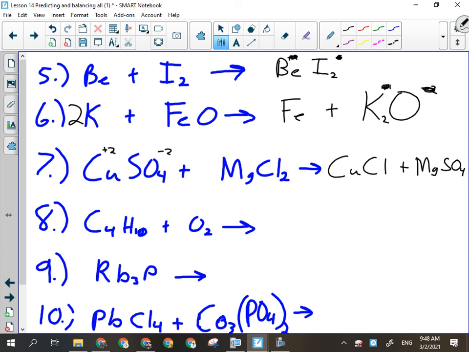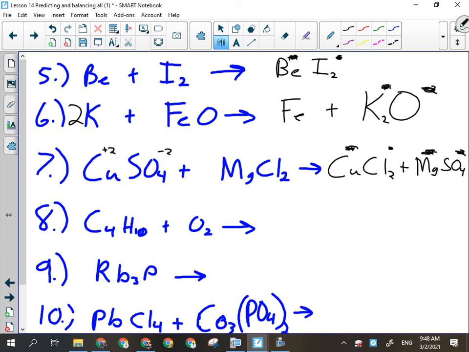I figured out who goes with who, but now I need to figure out the numbers. So I figured out a minute ago that this is the copper with the 2+ charge. Chlorine is a -1, so this will be CuCl2. And then magnesium is a 2+, and sulfate's a -2, so that compound is okay the way I've written it and doesn't need any brackets. All right. Now what do I do?